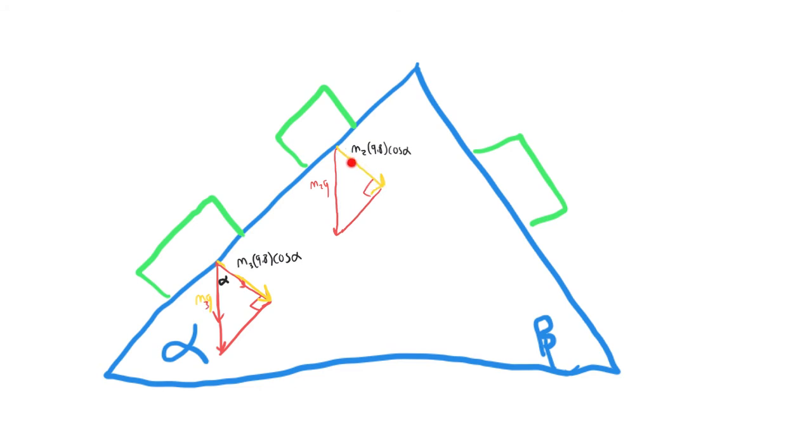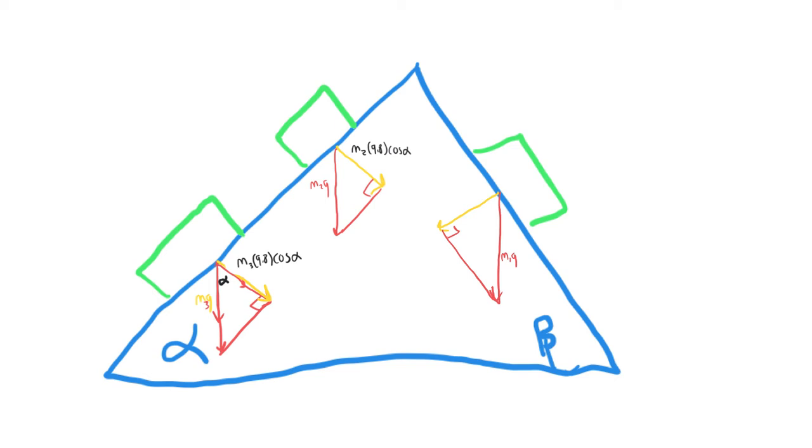So that's the yellow one there. This one here, it goes straight down. Then we have our yellow guy, which is equal to the normal force. And then it goes like this. This is going to be M1G.